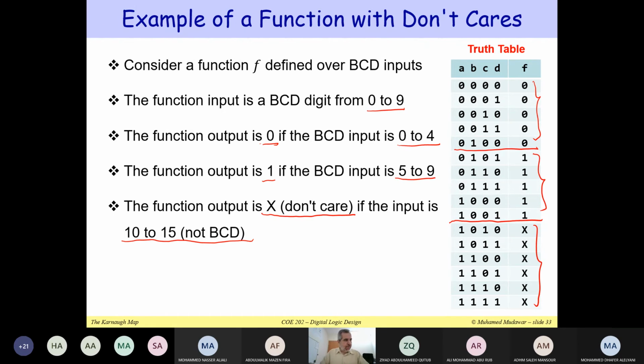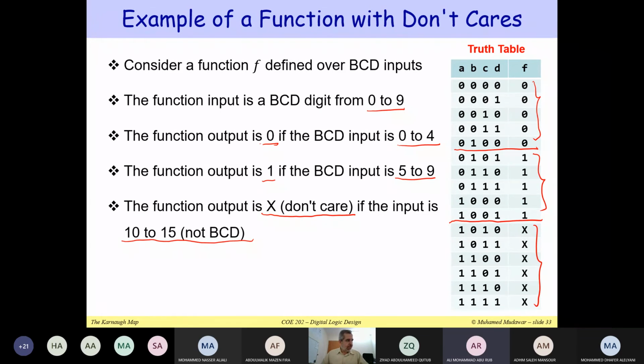So the don't care here can be either 0 or 1. You can choose it any way that you want to minimize this function. Is this clear? That's the meaning of the don't care. So here we can show don't cares in the truth table for some entries when the output is not defined. Ali, you have a question?